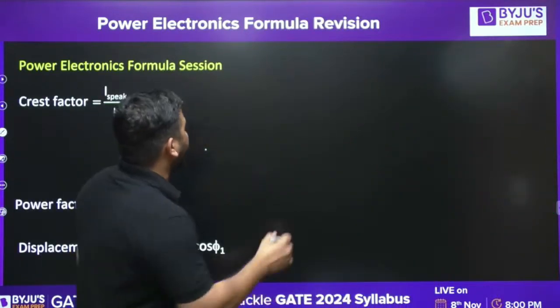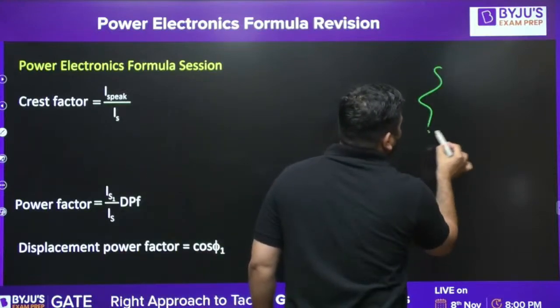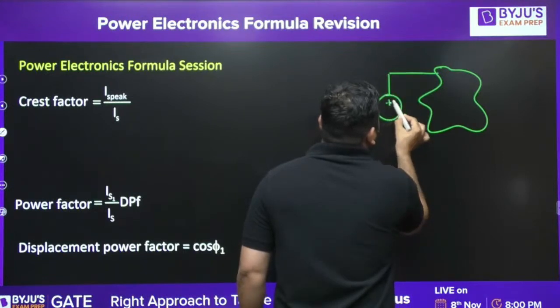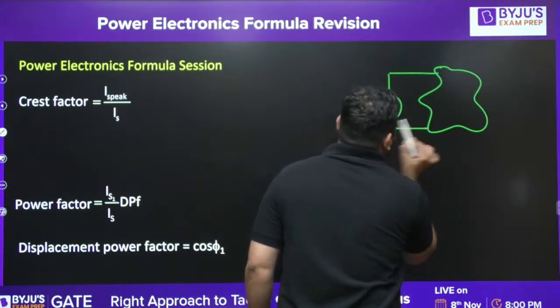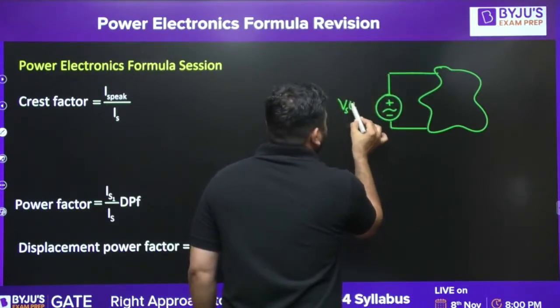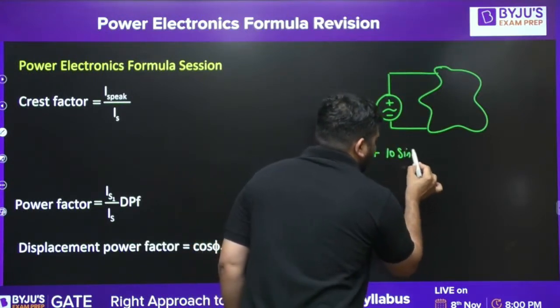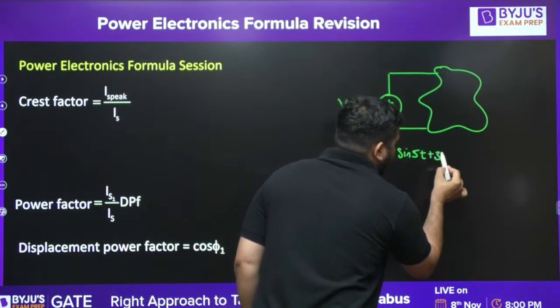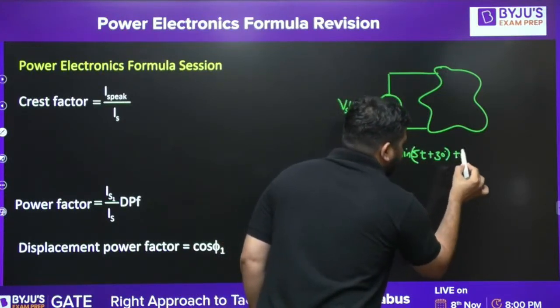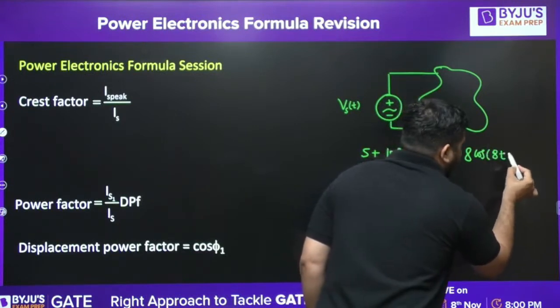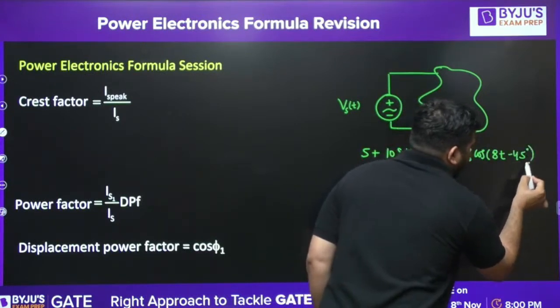Let's say I have an electrical network, and here I have a source, a V(t). And V(t) is, let's say, 5 plus 10 sine of 5t plus 30 degrees plus 8 cos of 8t minus 45 degrees.